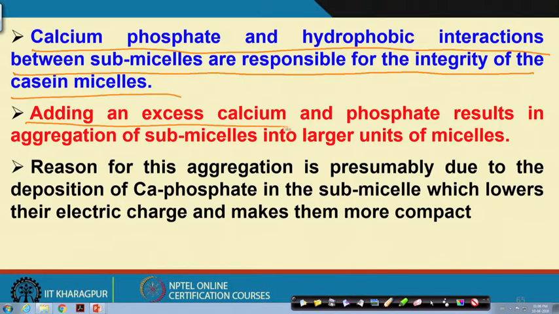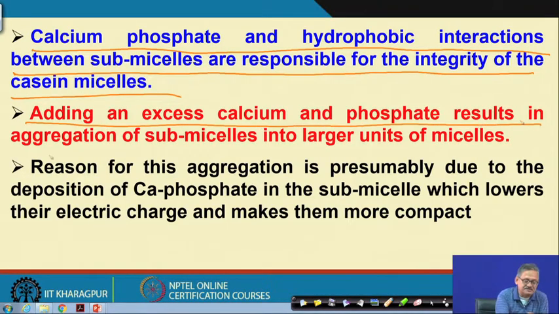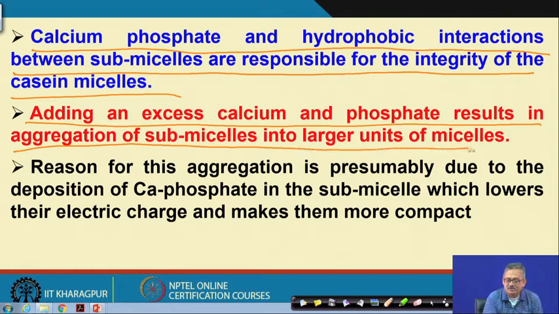Now, adding excess calcium and phosphate results in aggregation of sub-micelles into larger units of micelles. If you have more calcium, that is a binding material which binds the sub-micelles.